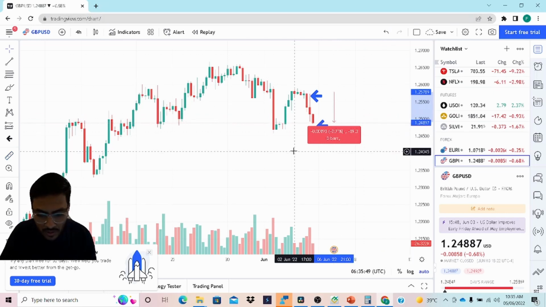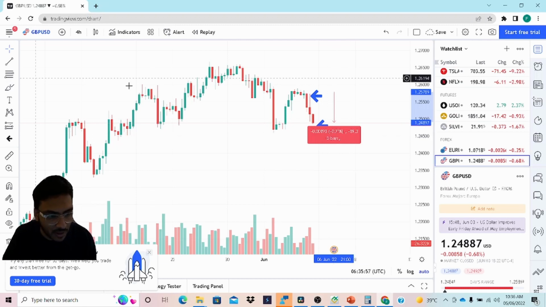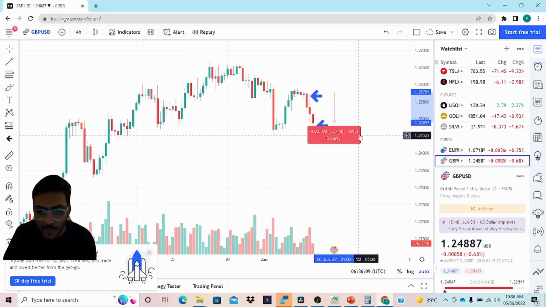So this is how many pips? This is 89.3 pips, and in percentage terms, the currency fell by around 0.71%. So if I take a sell position over here and then buy back at this position, 89.3 is the pips that I can make.